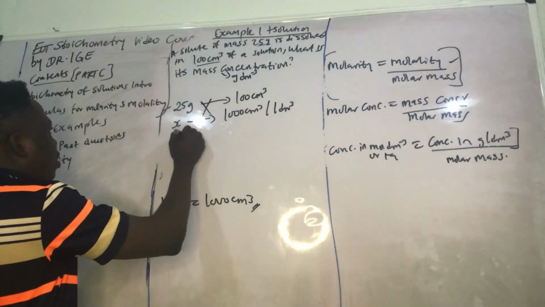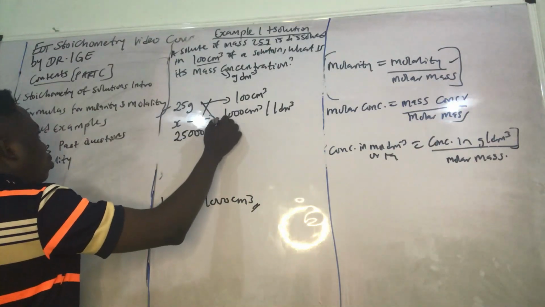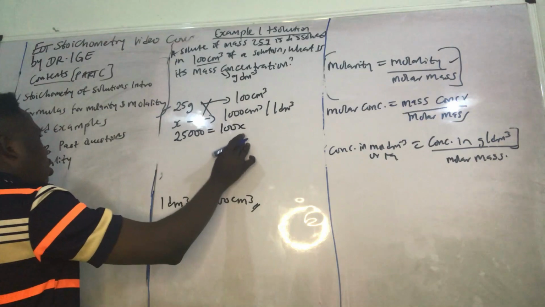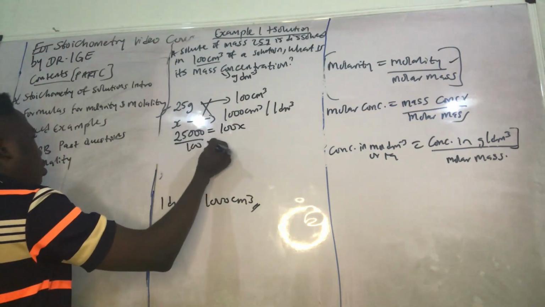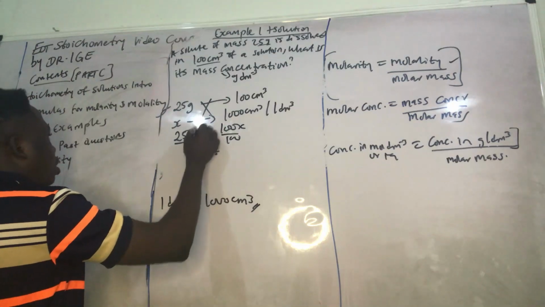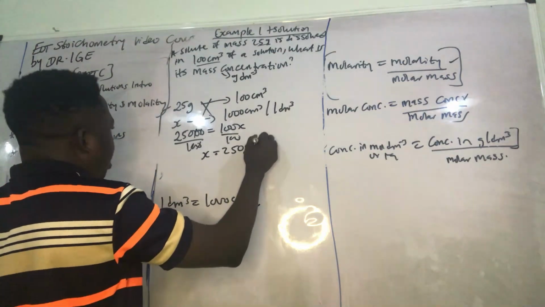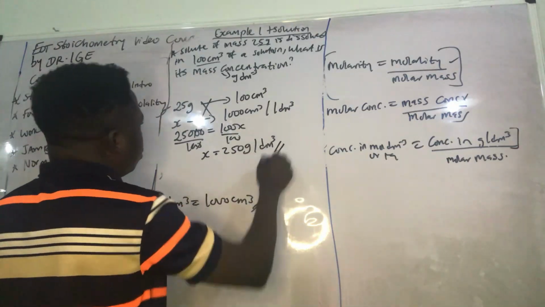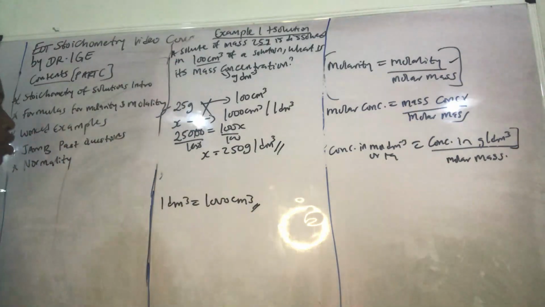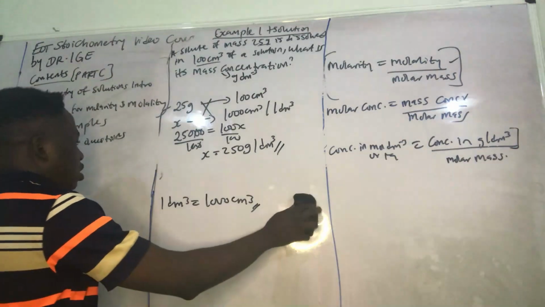This will be 25,000 equals 100x divided by 100, so you now have that x equals 250 grams per dm3. So you see how to convert. It's just as simple as that.